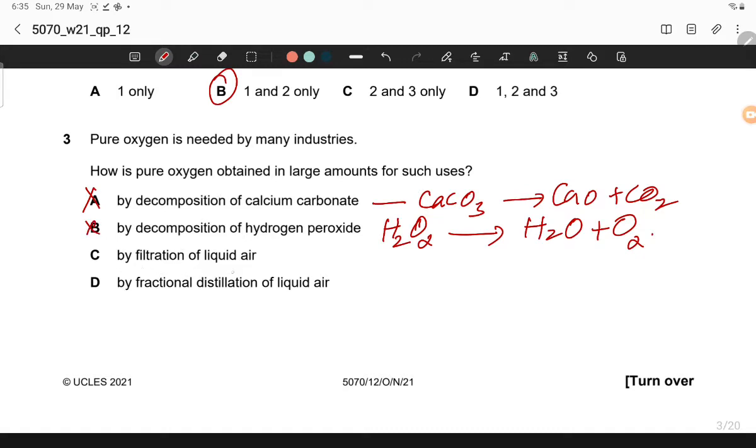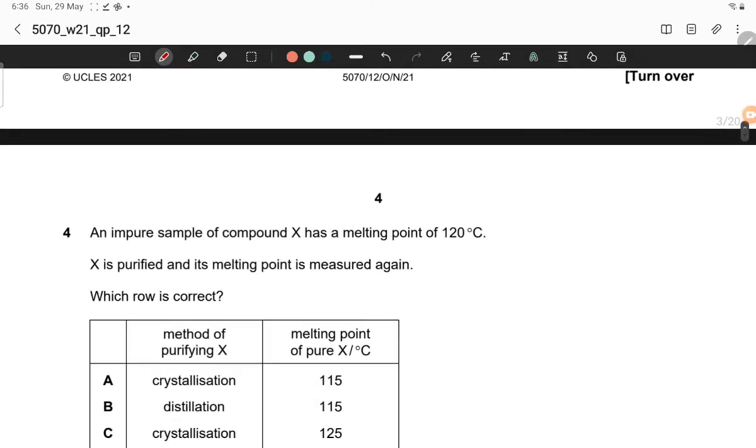By filtration of liquid air, this is also not correct. By fractional distillation of liquid air, this is used to obtain oxygen in large amount for such uses. So D option is correct.